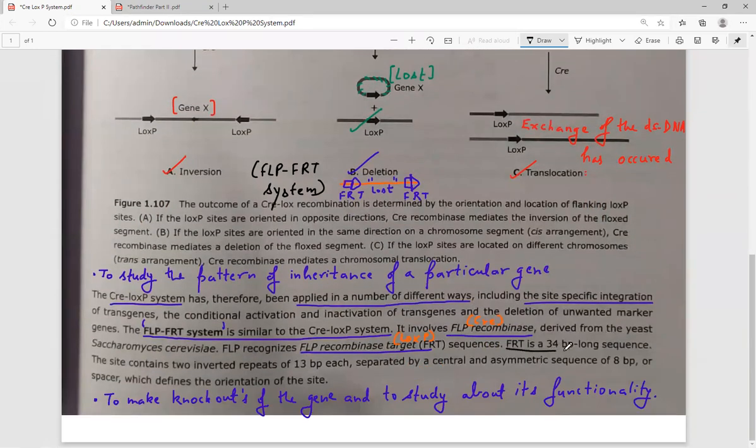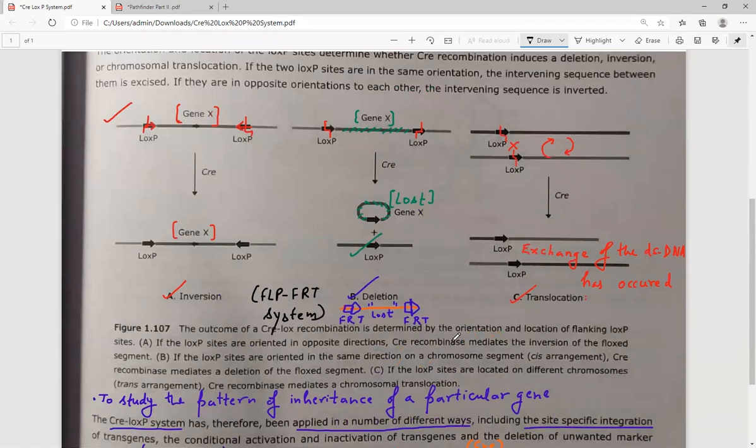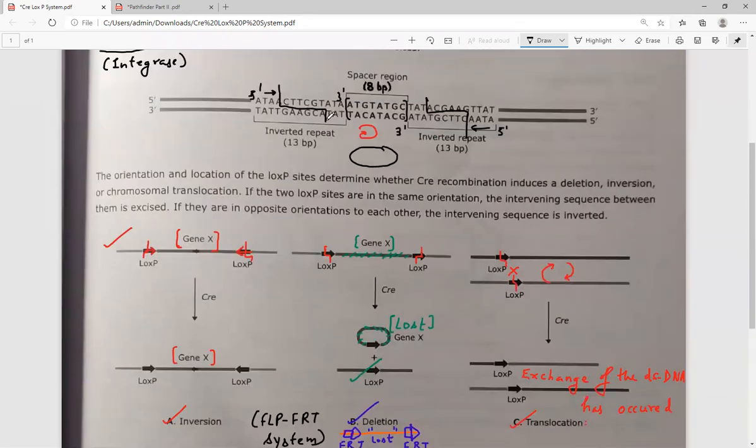FRT is a 34 base pair long sequence. It has two inverted repeat sequences of 13 base pair, and these are being separated by an asymmetrical sequence of 8 base pair. So there are 13 base pair sequence here, 13 base pair sequence here, and there is an 8 base pair sequence. These are the two different FRT sites.